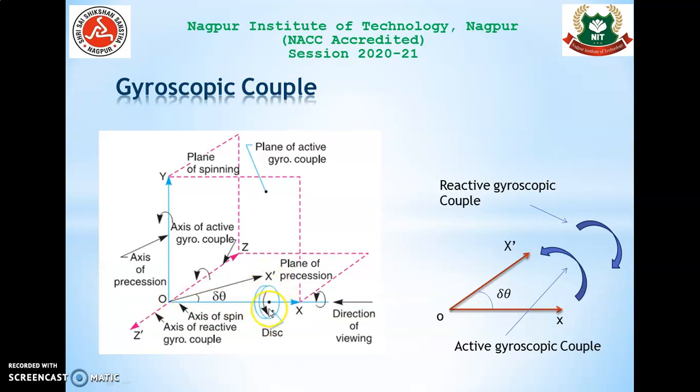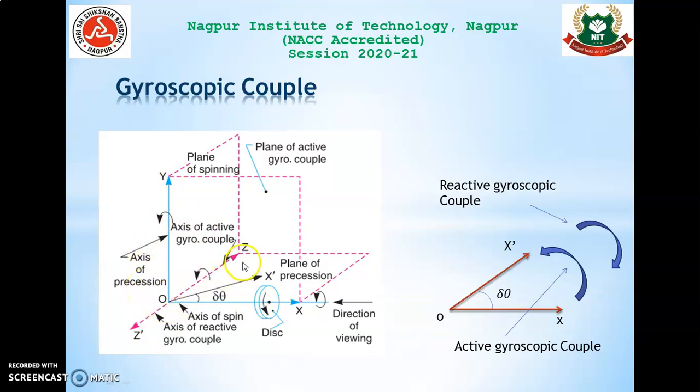This disk is rotating in the anticlockwise direction when we see from X to O. The axis on which this disk is rotating is called the axis of spin, and the axis which is perpendicular to this axis, that is the OY axis, is called the axis of precession.